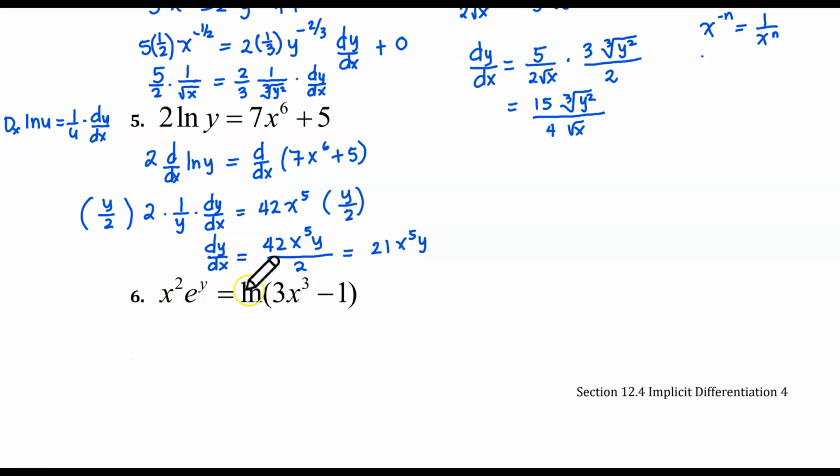Now for this last example here, to find dy dx, we will use implicit differentiation. And we begin by differentiating both sides of the equation with respect to x. Now when we differentiate this with respect to x, we will use product rule since this is one expression and this is another expression, and they're being multiplied together. So again, you have a variable here in terms of x, and this one here, the variable here is y.